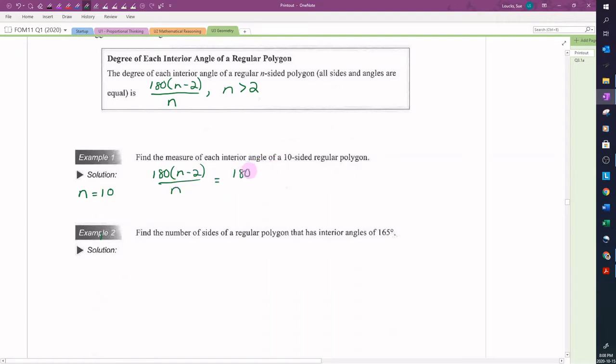So this becomes 180 times 10 minus 2 divided by 10, which is 180 times 8 divided by 10. And if I pull my calculator out, I get 144 degrees. Oops, there's no decimal there. Okay, so if I have a 10-sided regular polygon, each angle will be 144 degrees. Each interior angle will be 144 degrees.